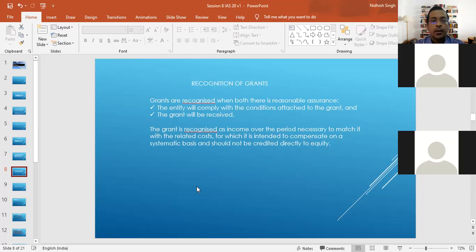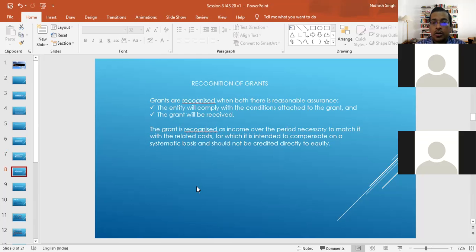Recognition of grants. How do we recognize them? So basically, there are some conditions attached to the grants. The entity must comply with the conditions, and only then will the grant be received. So before we take any step to recognize the grant, we need to be sure that the business we are into and the government's conditions are going to be met in the future.